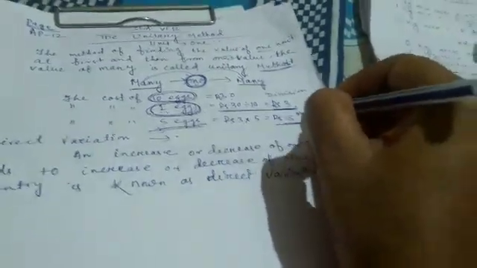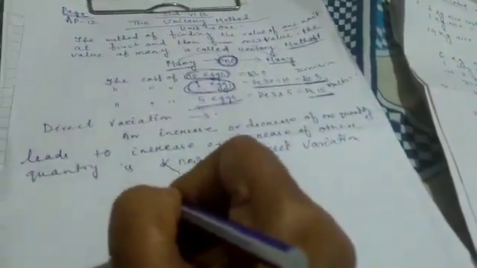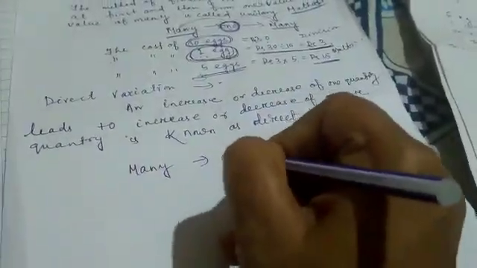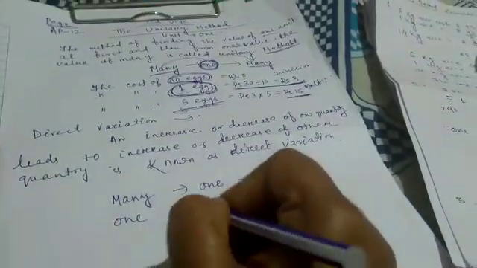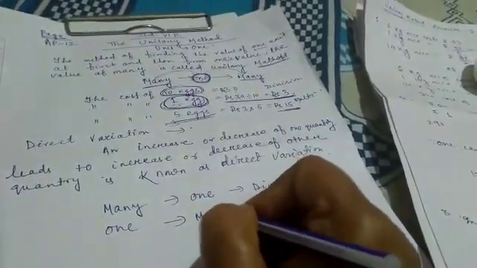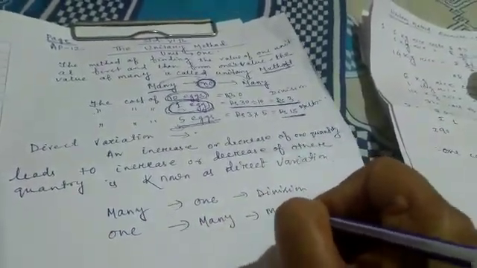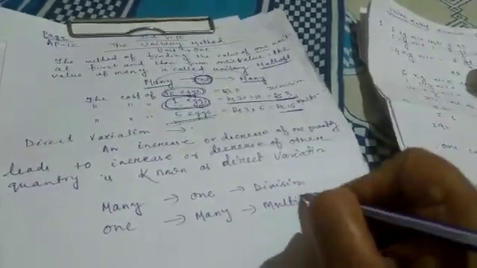Second one is multiplication. From many, when you get the value of 1, you did division. From 1, when you got the value of many, you did multiplication. Got it?